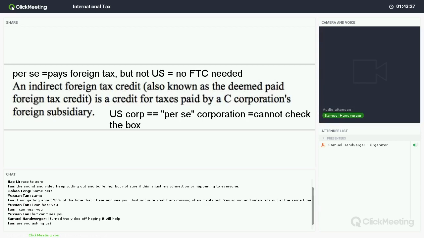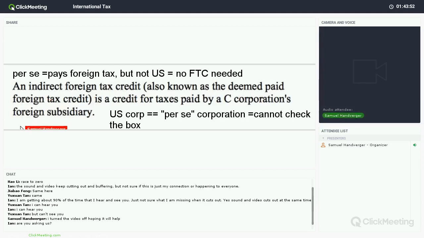Is it foreign source income? Yeah, it's foreign source income coming from a foreign corporation. But do they get a foreign tax credit? Well, how would they get it? There's no foreign tax paid on the dividend unless there's a withholding tax in the foreign country. If the foreign country has a withholding tax, then that's certainly a foreign tax credit, but it's not capturing all the foreign tax paid.